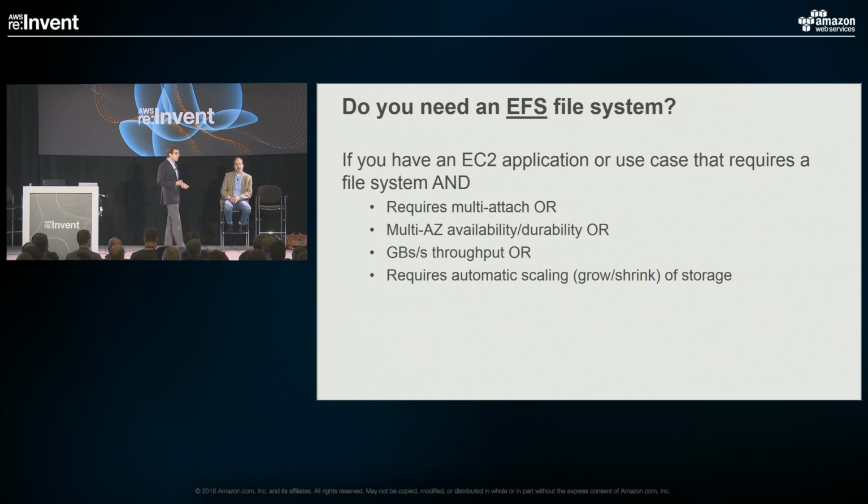And a question I sometimes get is, should I use EFS or should I use EBS? With EBS, you can format your volume with a file system. So when would you use EFS versus EBS?